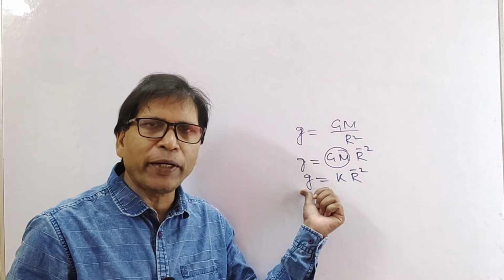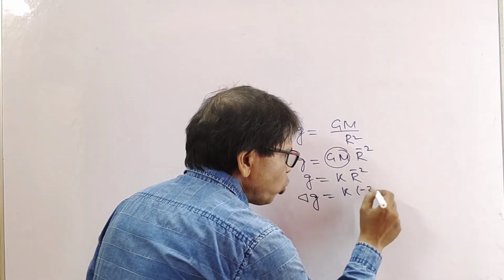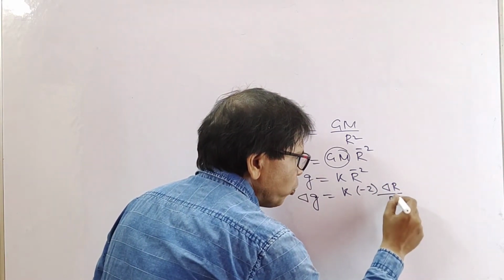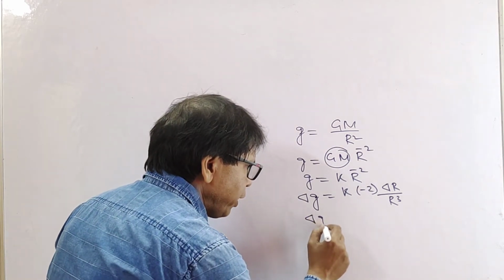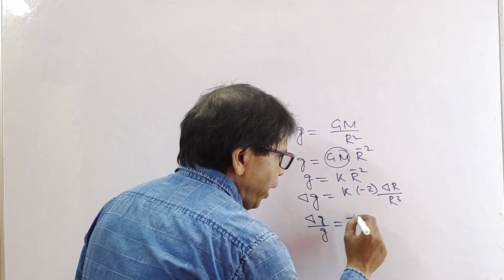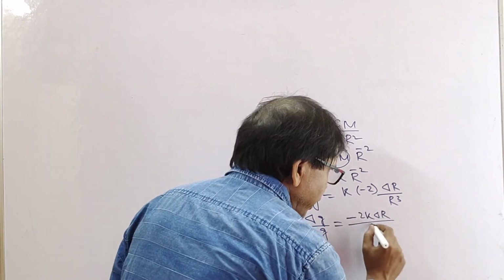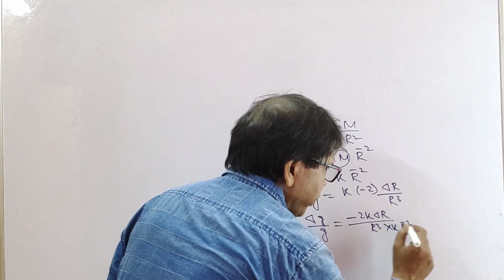Now variation of delta g, this is K, this is minus 2 delta R divided by R cube. Okay, therefore look at this, delta g by g is equal to minus 2K delta R by R cube into K R to the power minus 2.